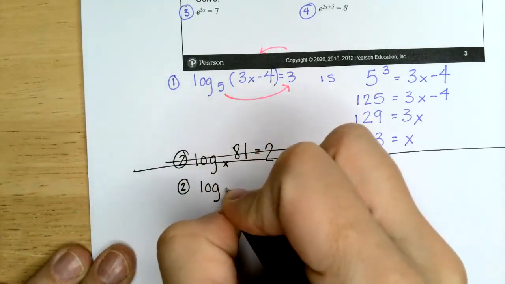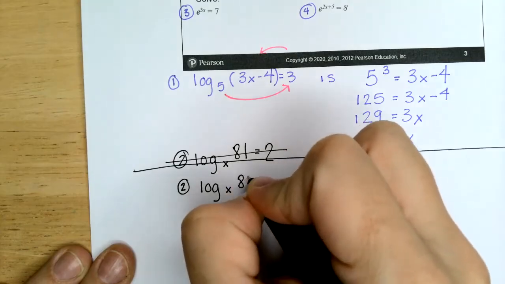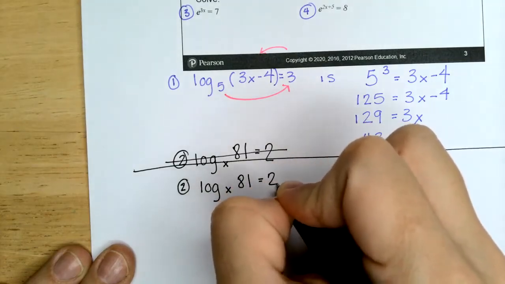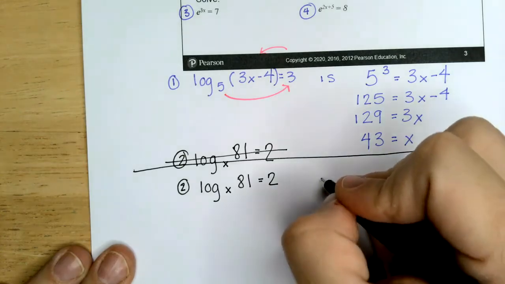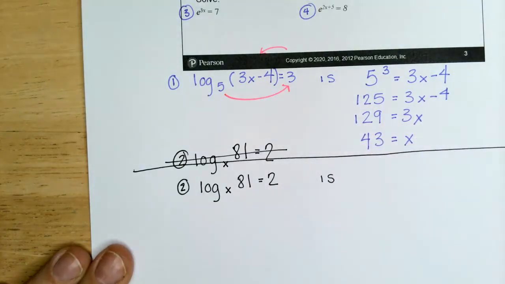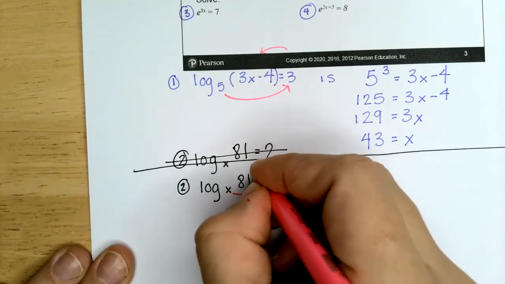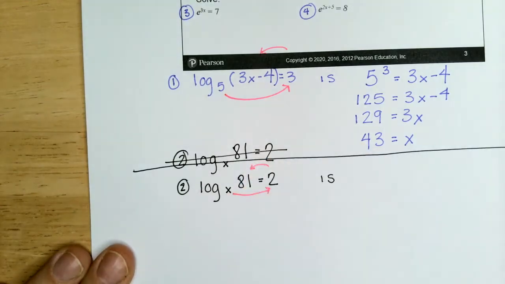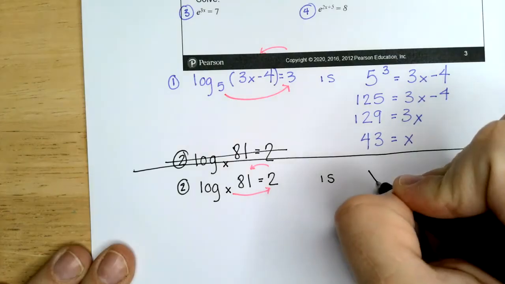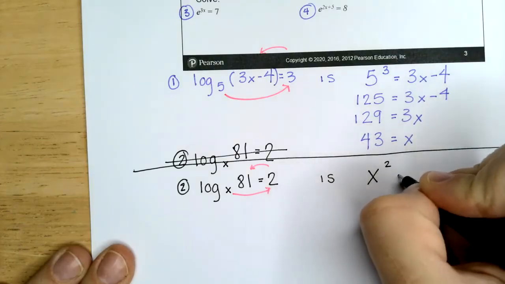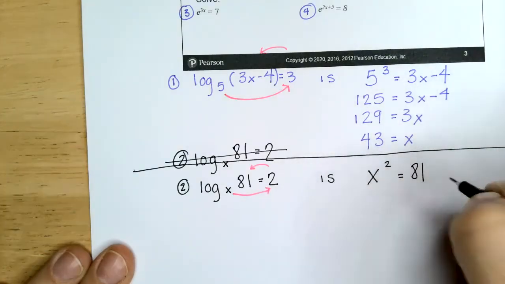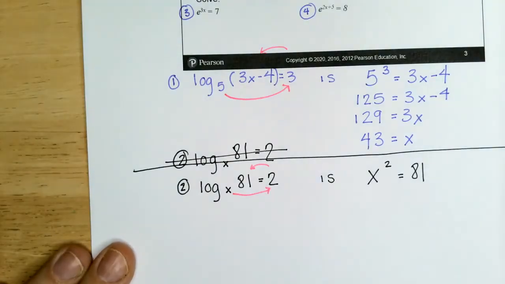Log base x of 81 equals 2, I'm going to do the circle. Start with base x to the power of 2 is 81. And now we're just going to solve it.